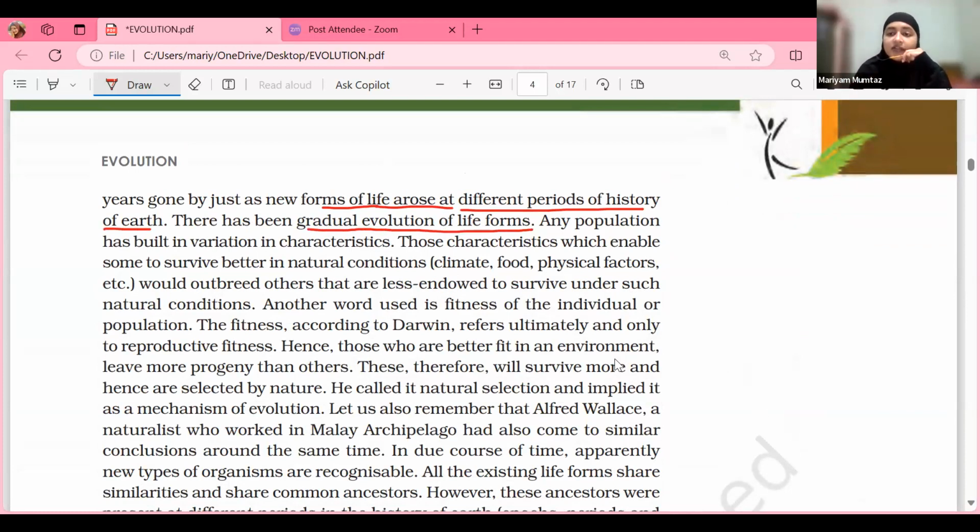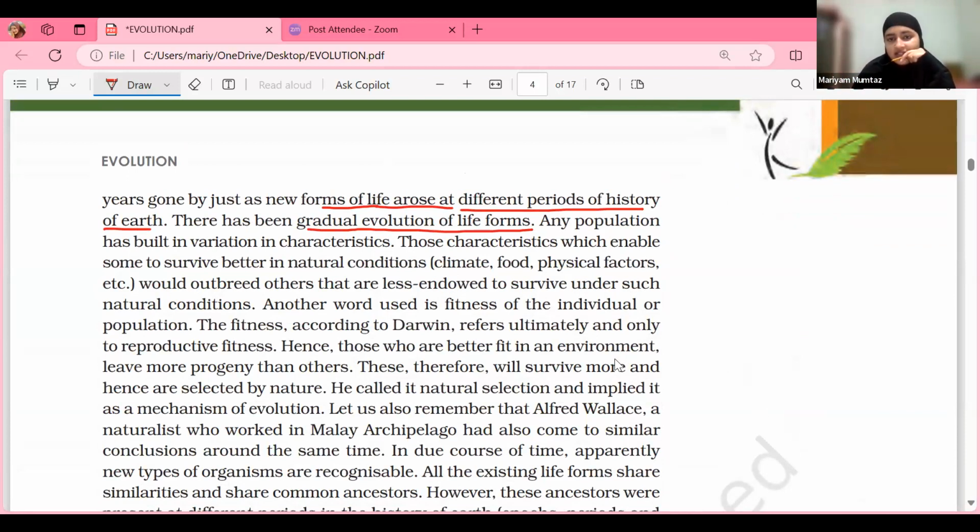Always remember that evolution does not happen in one day. It would always take many, many years for any organism or any population to evolve. Now, any population has built-in variation in characteristics, meaning the introduction of new characters in the certain traits they have.